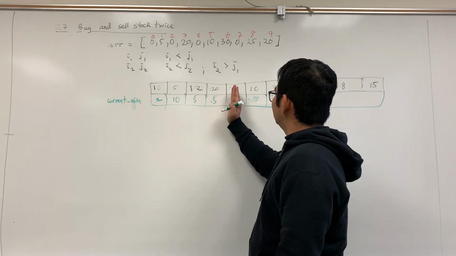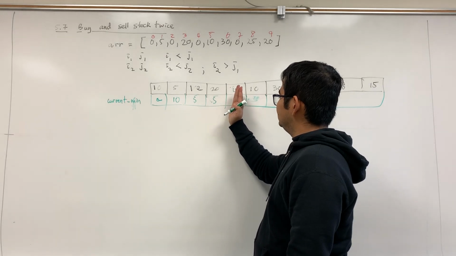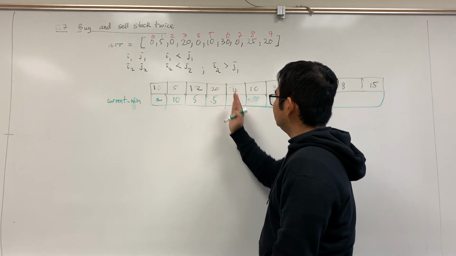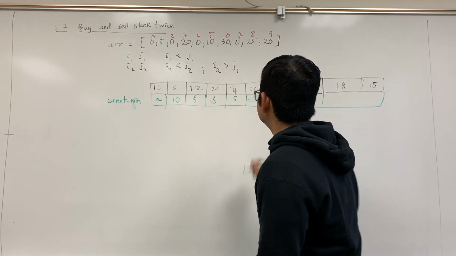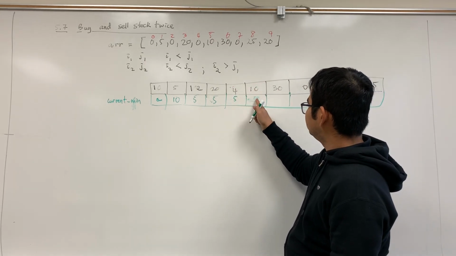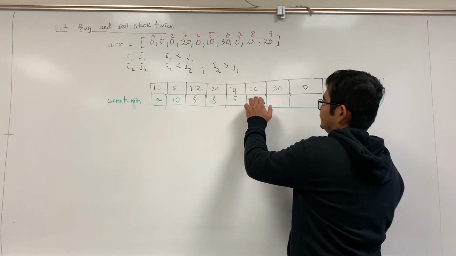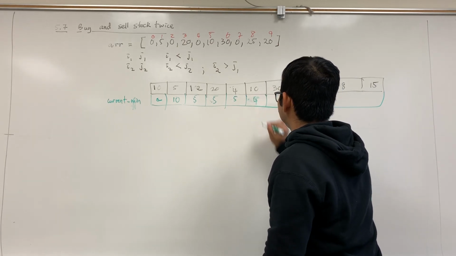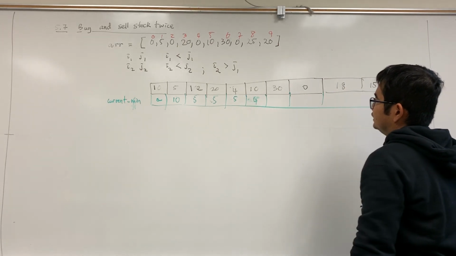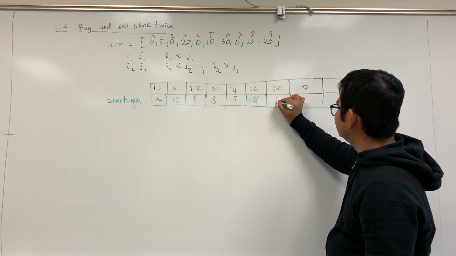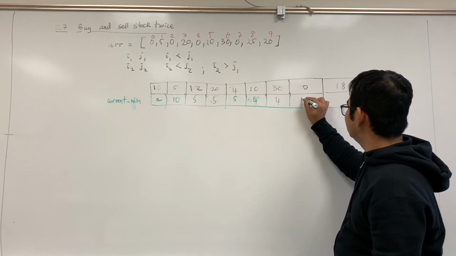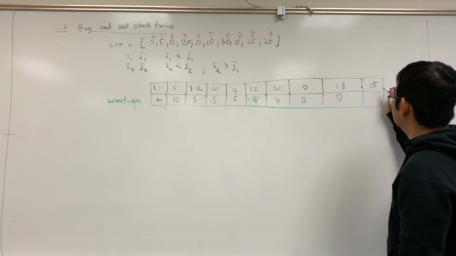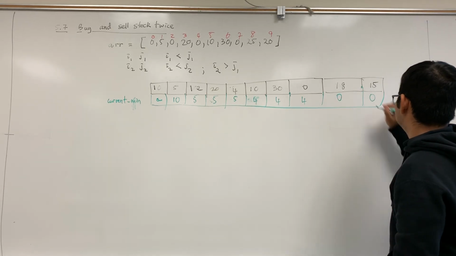At this point, from here backward to the previous values, 5 is the smallest. At this point, 4 is the smallest. So basically, to fill it in, we look at which one is the smallest. So this is 4. Over here, it's still 4. Here, 4. Here is 0. Here is 0.